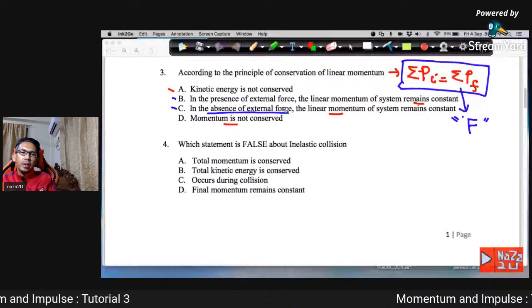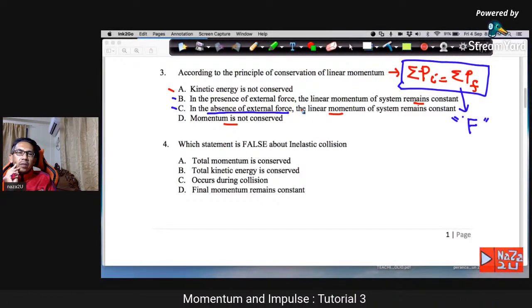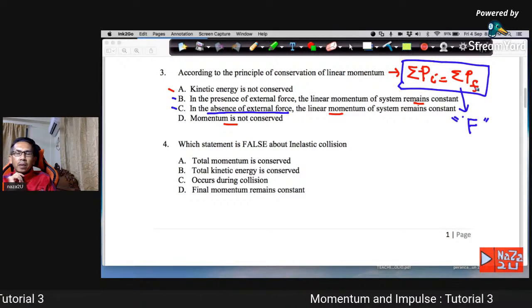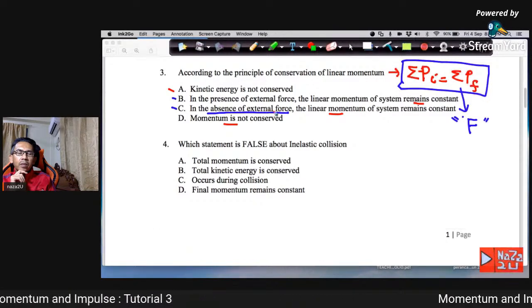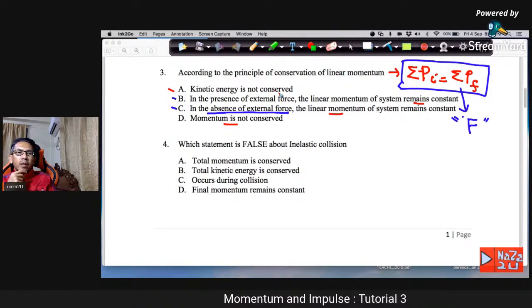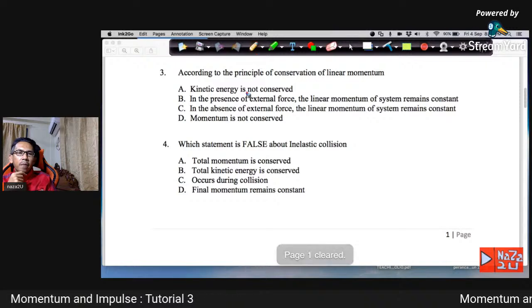Because this is for the conservation of linear momentum. This is total momentum before is equal to total momentum after or final. And this is for an isolated system, where no external force acts on the system. This is number 3. Okay, next, continue to number 4.